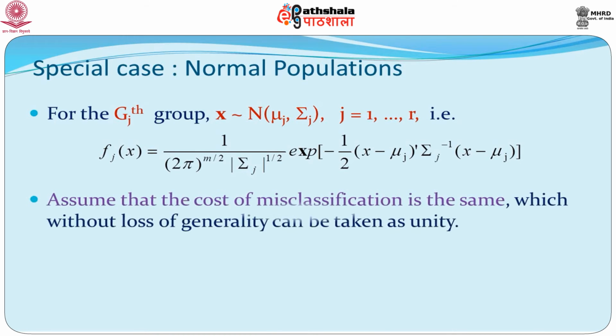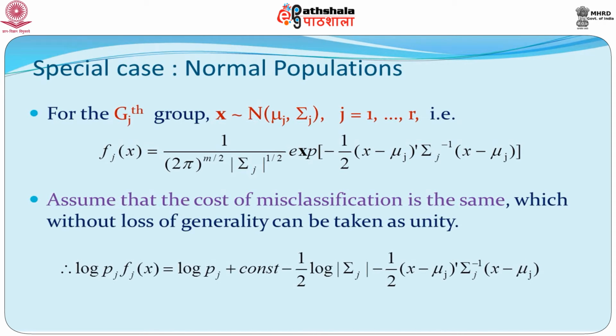And if we assume that the cost of misclassification is the same, which we can without loss of generality take to be equal to 1, then the rule of Pj into Fj(x) can be written as log of Pj Fj(x), and we can write this out as log of Pj plus constant minus half of log sigma j minus half of (x minus mu j)' sigma j inverse (x minus mu j).